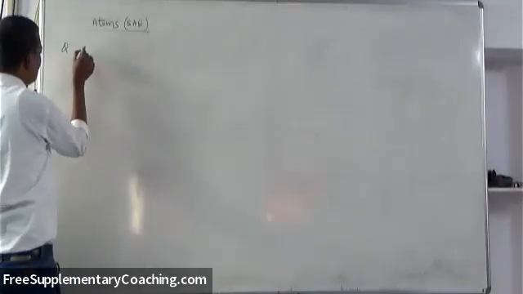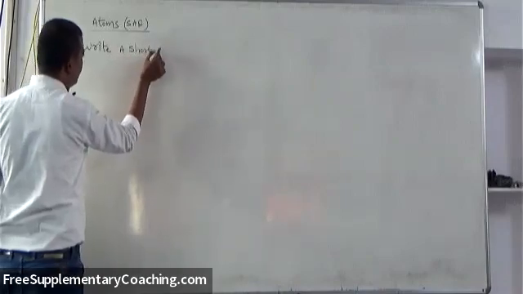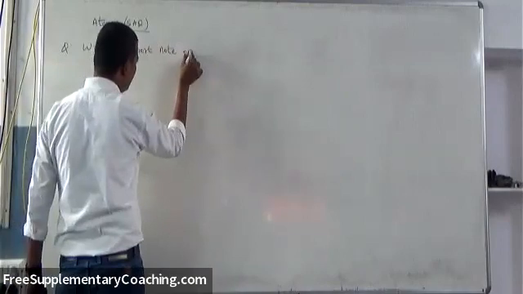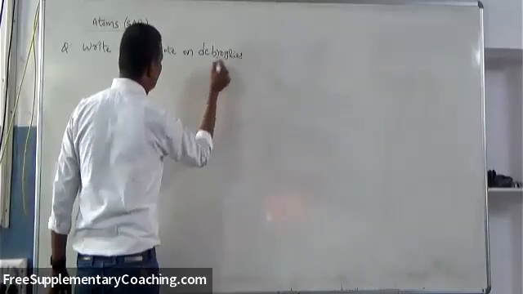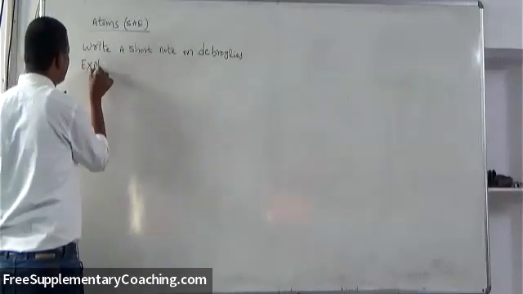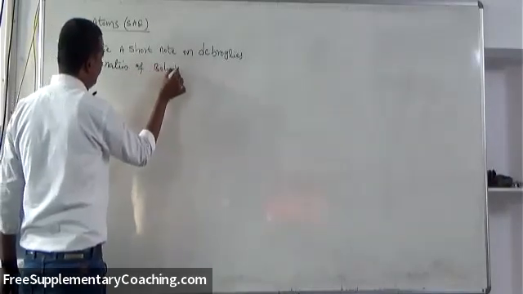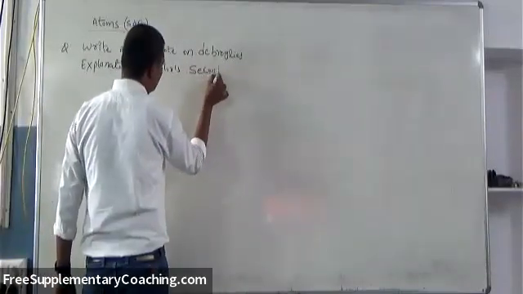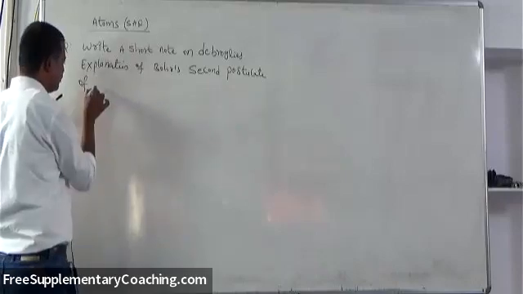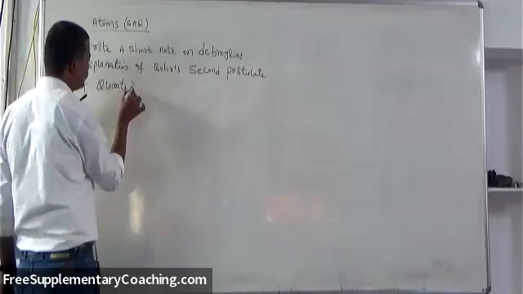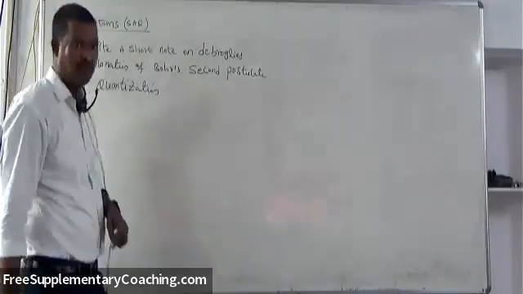The question is: write a short note on de Broglie's explanation of Bohr's second postulate of quantization.